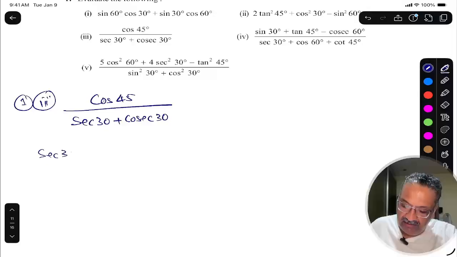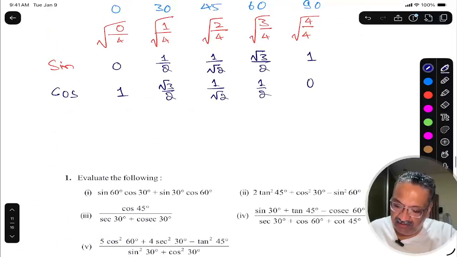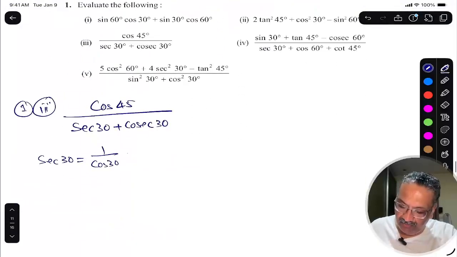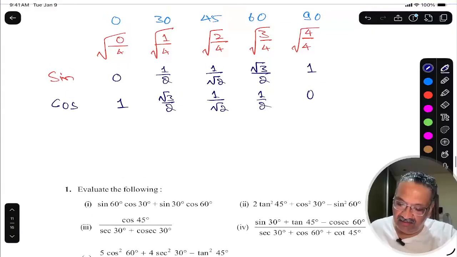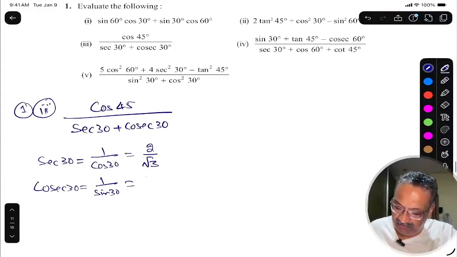What is secant 30? Secant 30 is 1 by cos 30. Cos 30 has the value root 3 by 2, so this is equal to 2 by root 3. Similarly, cosecant 30 is 1 by sin 30. Sin 30 is 1 by 2, so this will be 2.